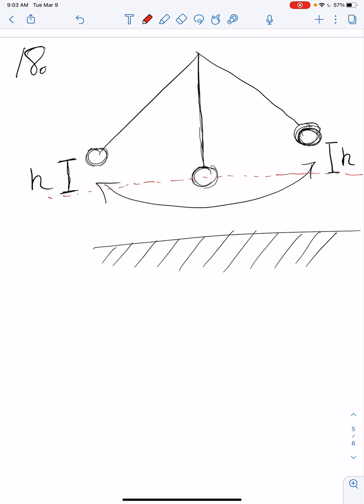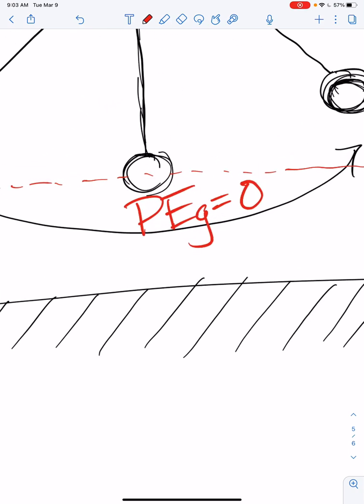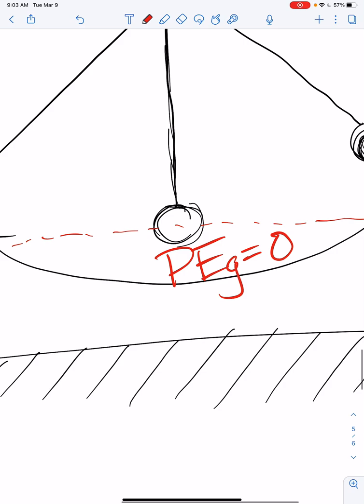So we'll say PE grav is equal to 0 at that red line. And what this is going to allow us to do is realize that when we're at this red line, all of our energy is going to be KE. And so I'm saying this will equal the total energy right there at the bottom.